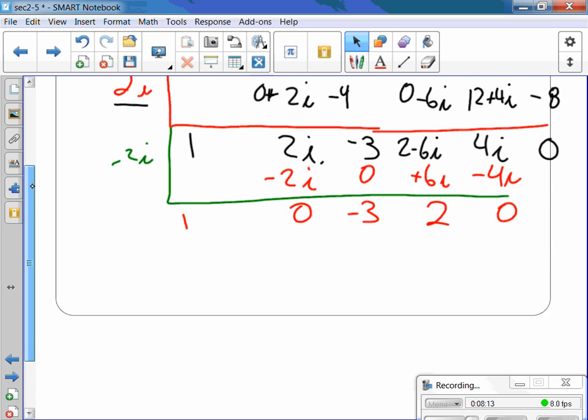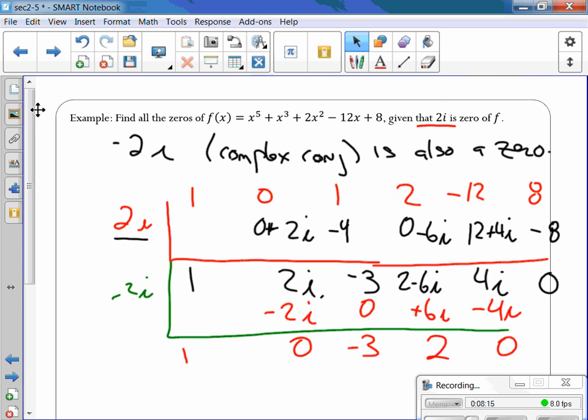How do I find zeros from this polynomial? Using what theorem? Rational zero theorem, which tells us what? Find all our possible rational zeros by p over q, where p is my constant term, q is my leading coefficient.